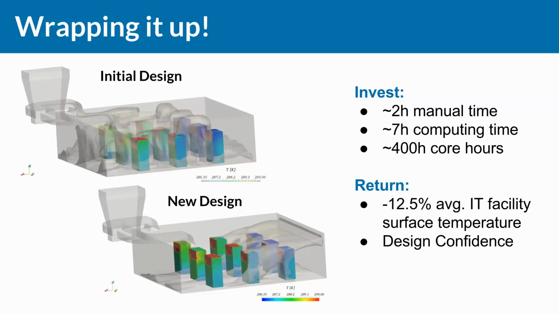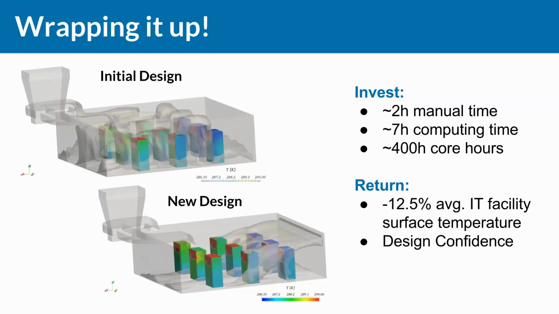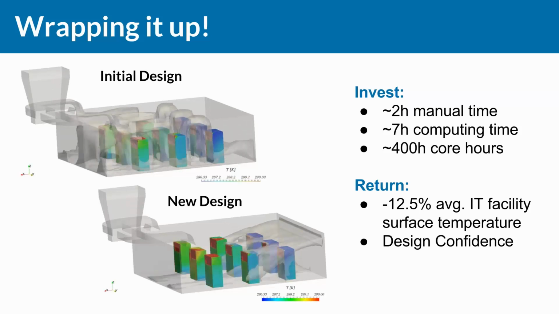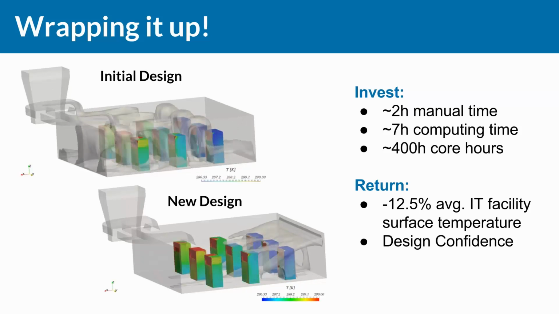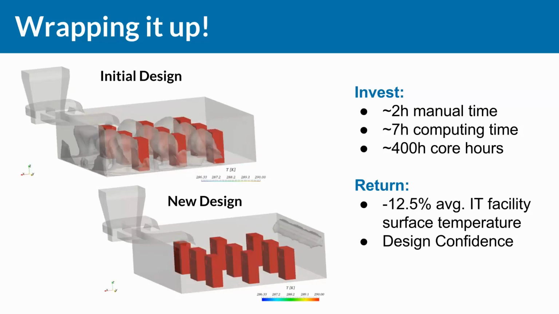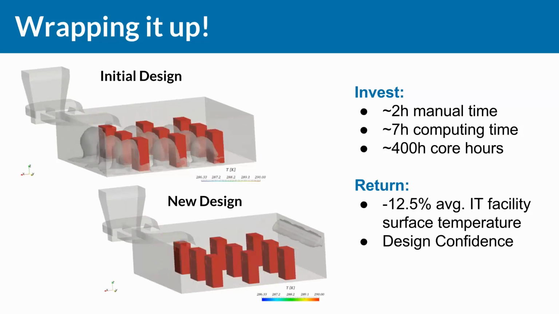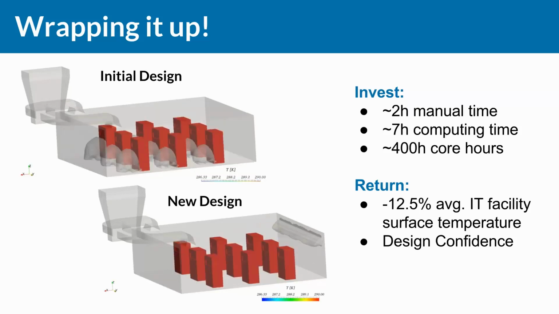So in return, after doing this simulation, what is the benefit now? Just by doing one iteration, we are not talking about doing a real optimization study, we were able to reduce the average IT facility surface temperature by 12.5.